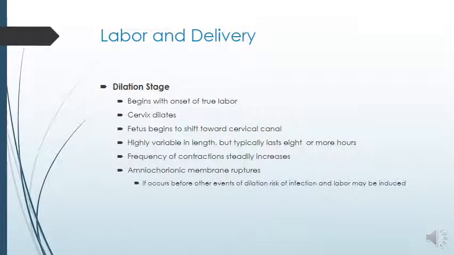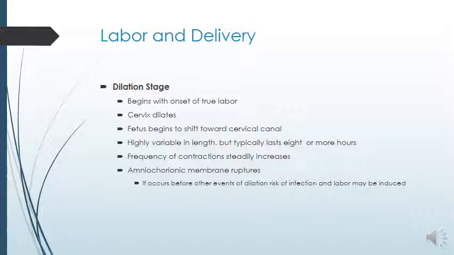In the dilation stage, it's highly variable in length, but typically it lasts 8 or more hours. And at the start of the dilation stage, the labor contractions last up to half a minute and occur once every 10 to 30 minutes. However, their frequency increases steadily. And late in this stage, the amniochorionic membrane ruptures, referred to as a woman having her water break.